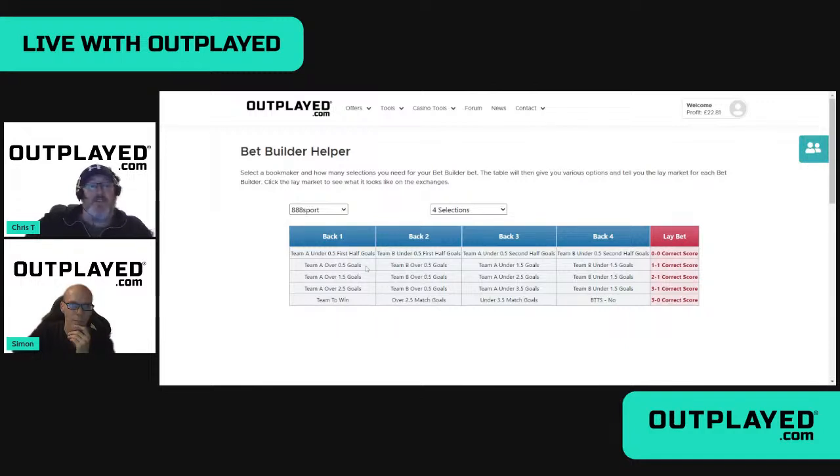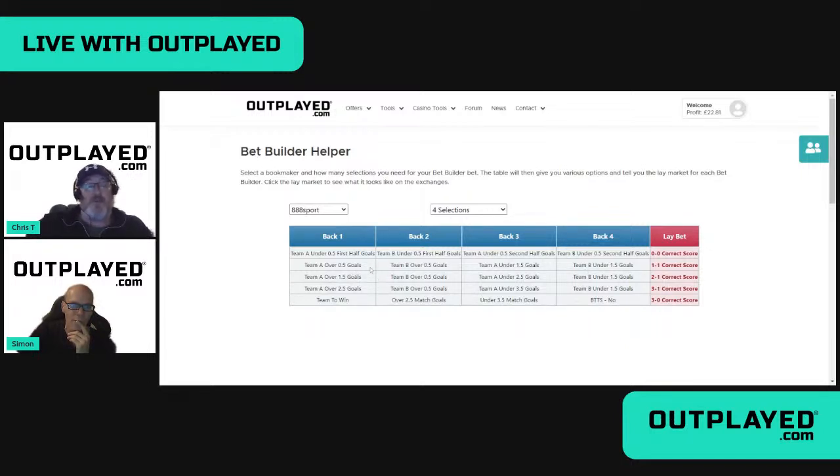If we did over 0.5 goals for Blackburn, over 0.5 goals for Leicester, so that's scoring 1 or more each. But then if we counteract that with Blackburn to score under 1.5 goals and Leicester to score under 1.5 goals, the only outcome that can happen from that is 1-1.